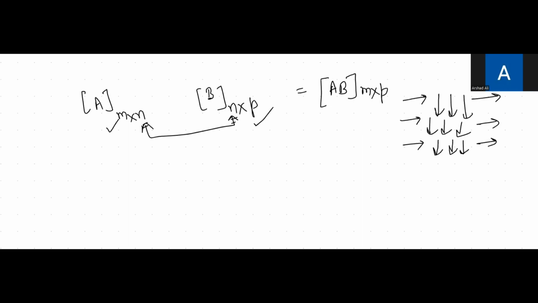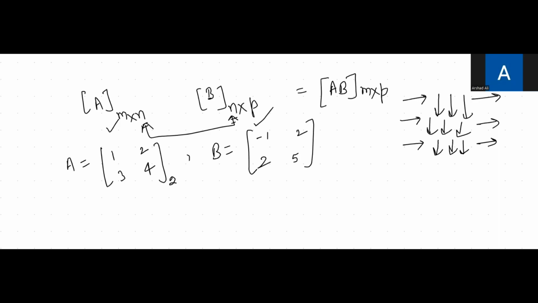So what is an example? Suppose here we have A equal to [1 2; 3 4], and suppose B equal to [-1 2; 2 5]. What is the order here? 2 cross 2 for both. So the number of columns equals the number of rows, which means multiplication of AB is possible.